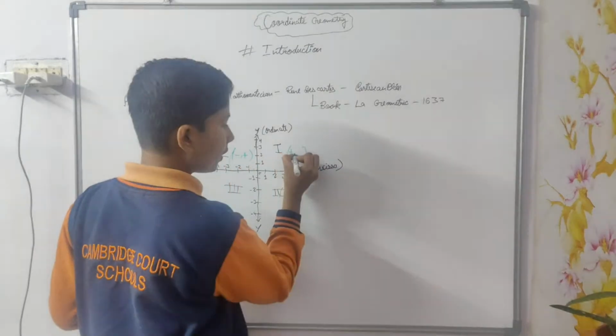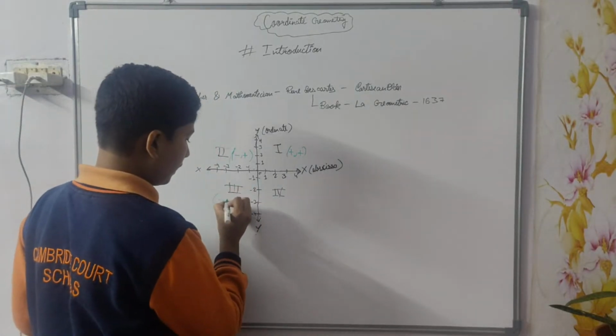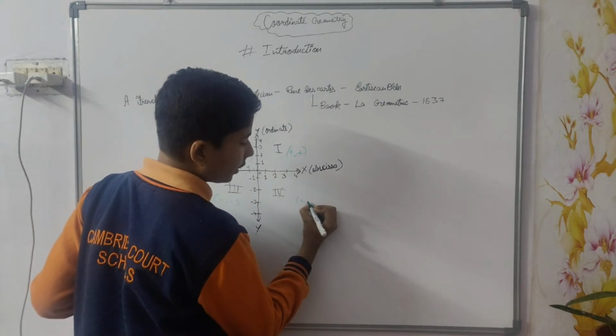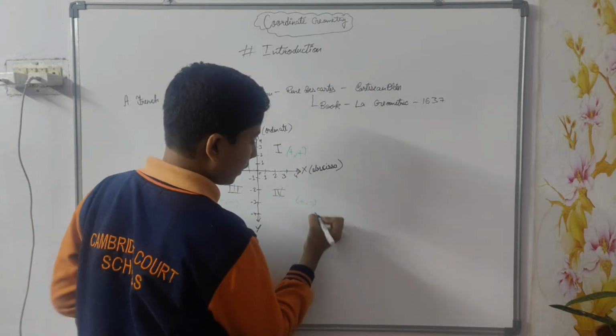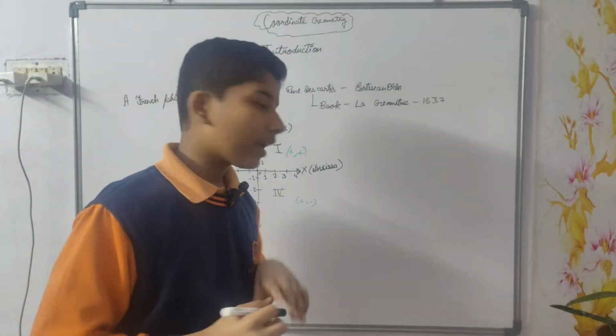This will have positive, comma, positive. This will have negative, comma, negative, and this one will have positive, comma, negative. Now let me write how the positive and negative coordinates work.